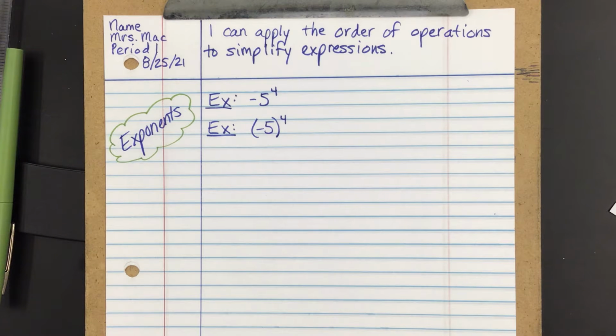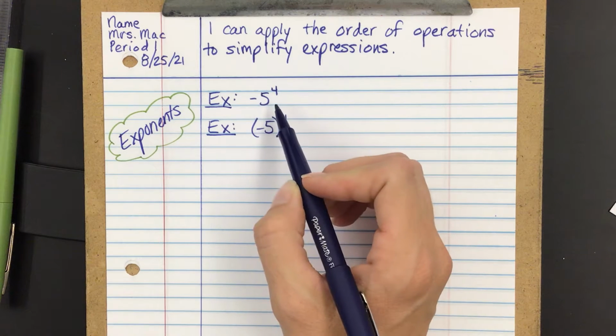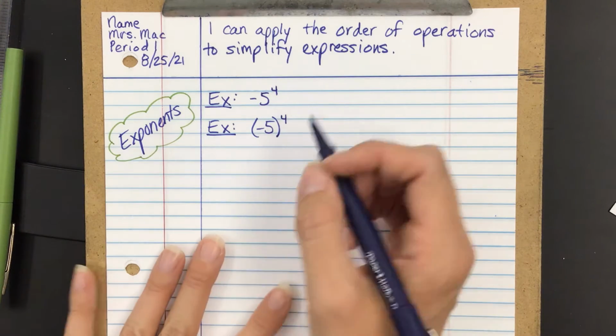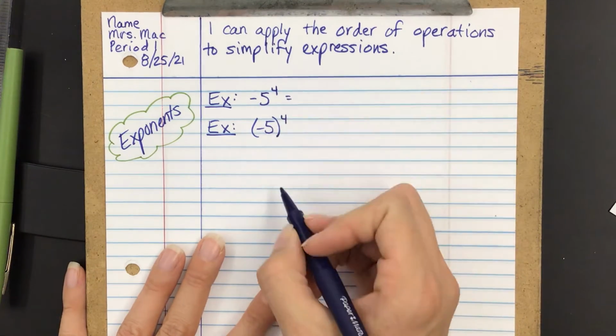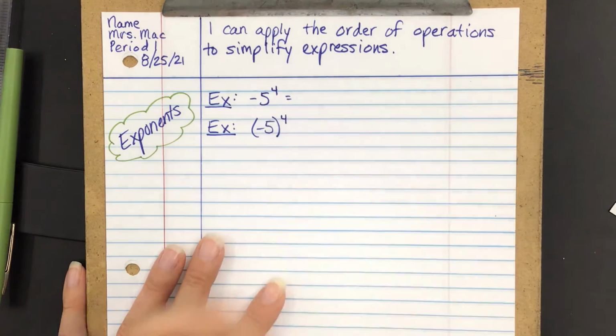All right. When the negative is not in parentheses, you're not going to do repeated multiplication for that. So basically, exponents are repeated multiplication. And when the negative is out front, without parentheses around that negative, we don't include it in that repeated multiplication, okay?